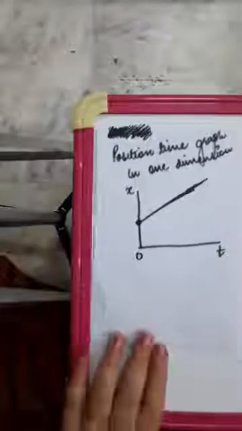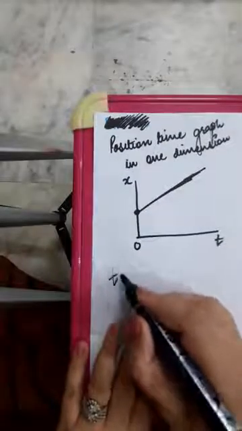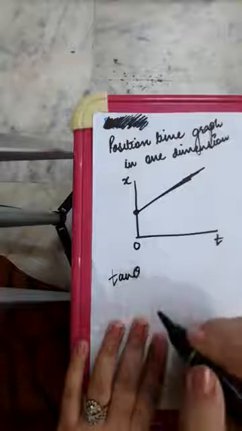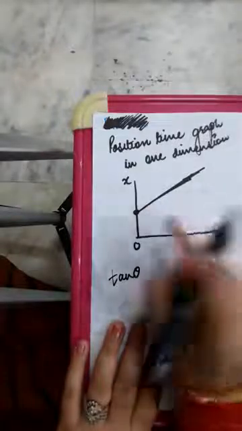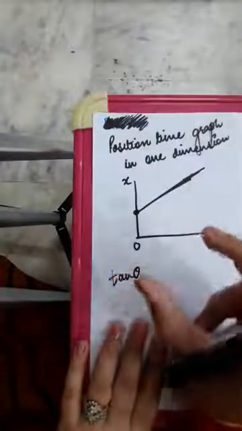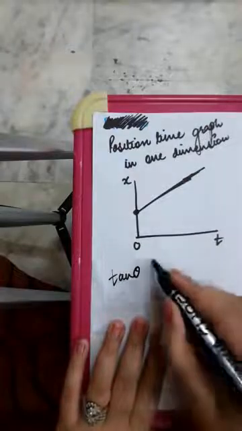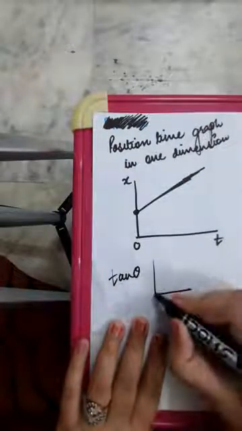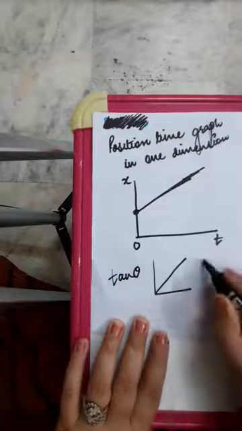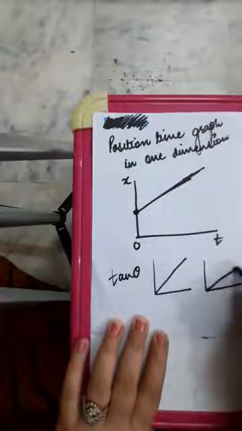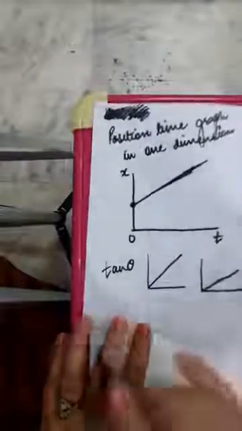So first of all, I need to find out the slope of this graph. Slope of a graph is tan theta. Slope means at what angle this graph is inclined to the x axis.